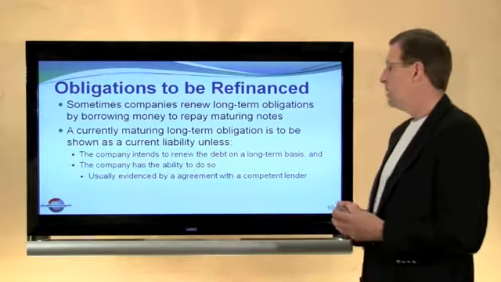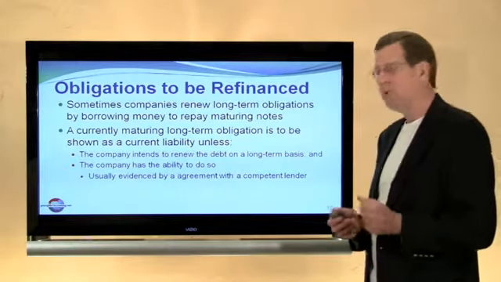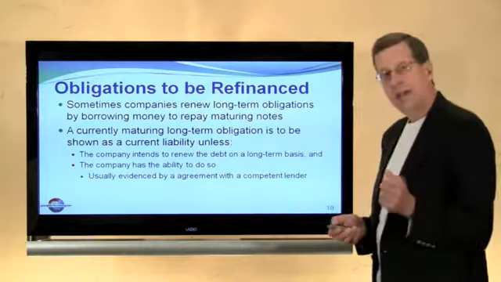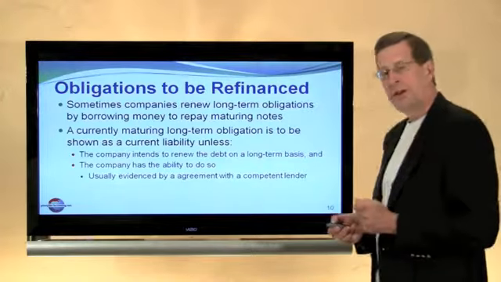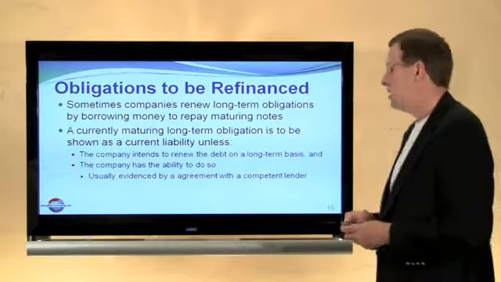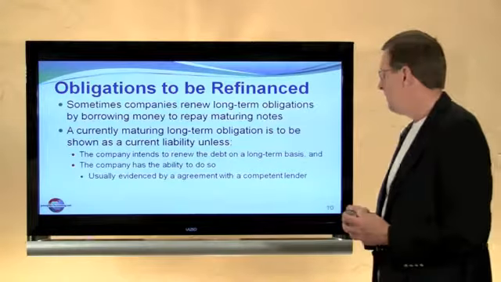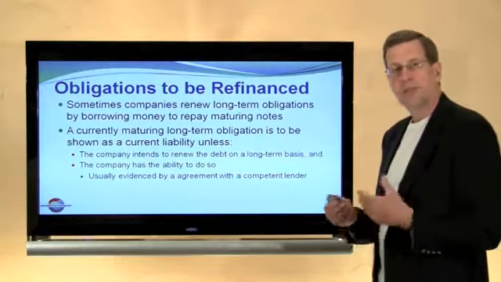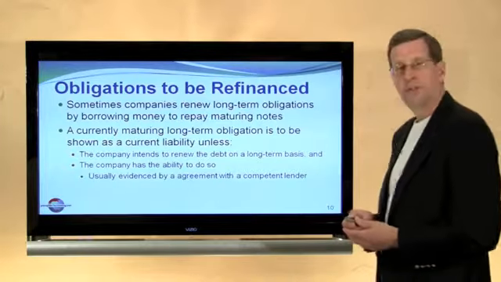So I say a currently maturing long-term obligation is to be shown as a current liability unless the company both intends to renew the debt on a long-term basis and the company has the demonstrated ability to do so, which is usually evidenced by some firm agreement from a competent lender that's able to execute on their part of the transaction.